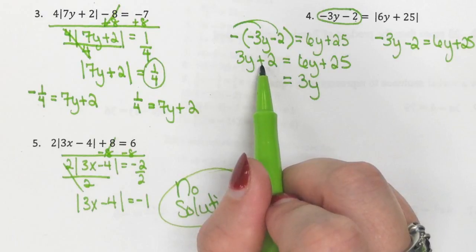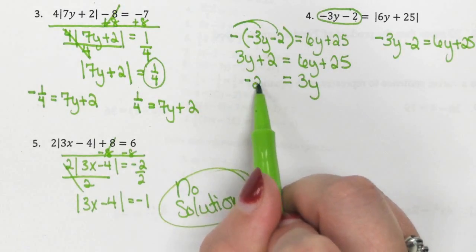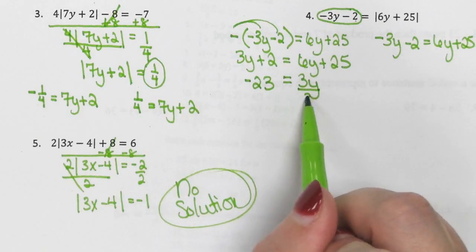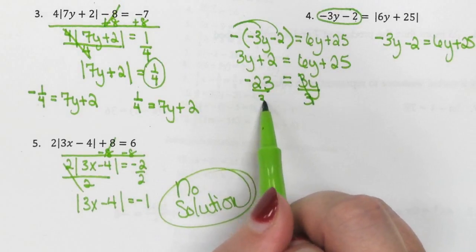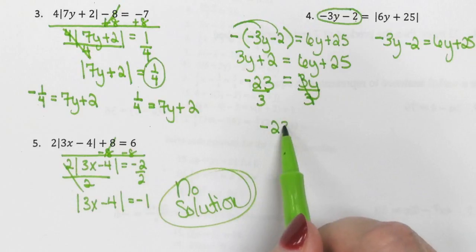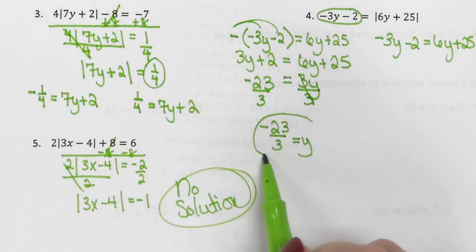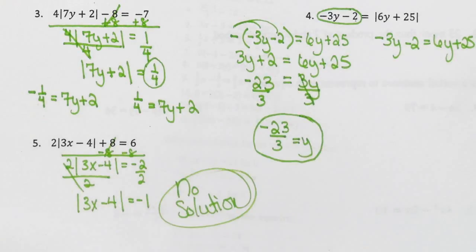What's negative 2 minus 25? Negative 23. If I divide by 3, is that going to divide nice, neat, and pretty? No. So in Algebra 2 with Trig, we don't do decimals anymore. Fractions are our friends in Algebra 2 with Trig. Okay? Right, Tyler?